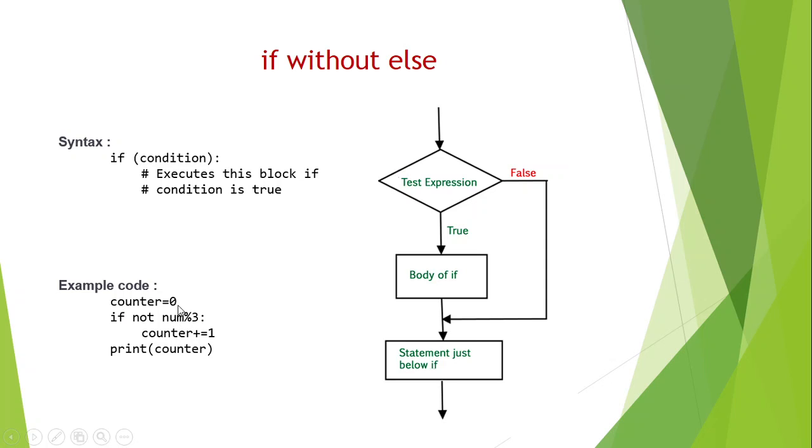So counter is initialized with 0. If not num%3, if num%3 evaluates to 0, means num is divided by 3 and the remainder is 0, then it is inverted by not. That means if the number is divisible by 3, then this condition of if will evaluate to true and the counter will be incremented by 1. Finally, the counter can be printed.